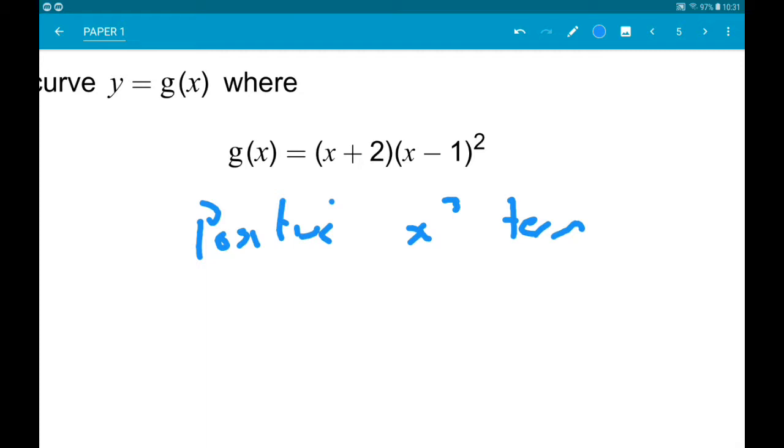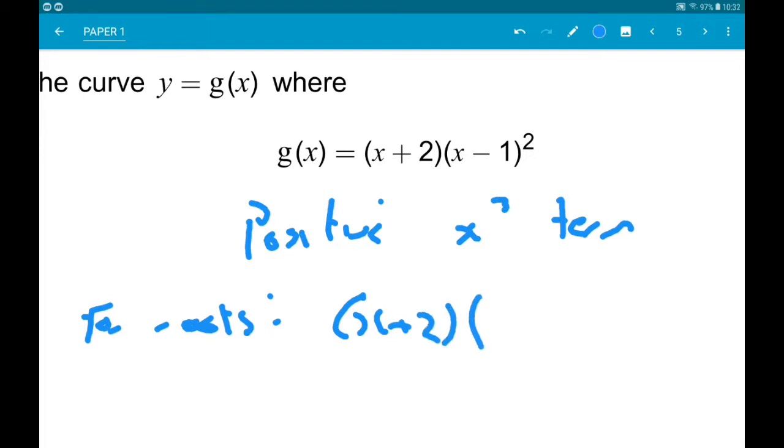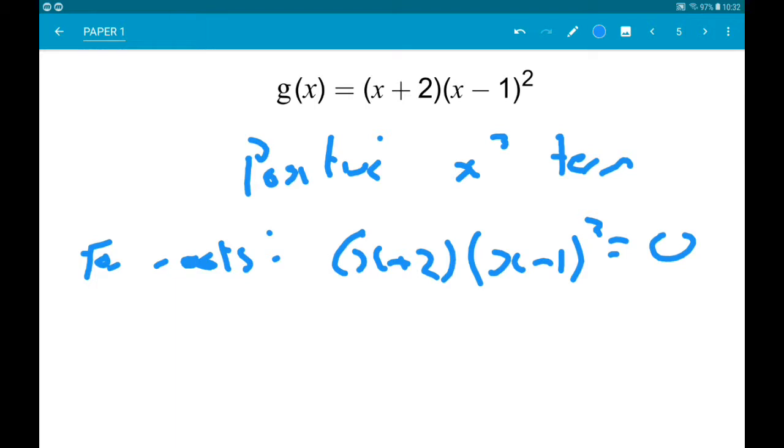Now we need to find the roots. So for the roots, x plus 2 times (x minus 1) squared is equal to 0. Now we're going to get a distinct root at x equals minus 2.